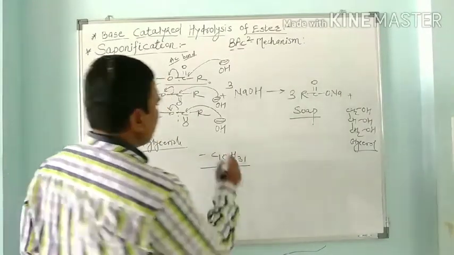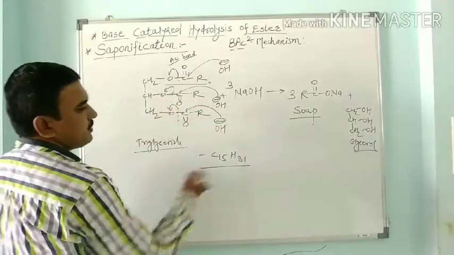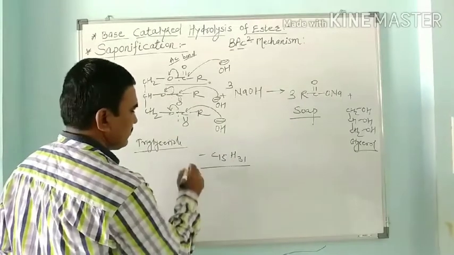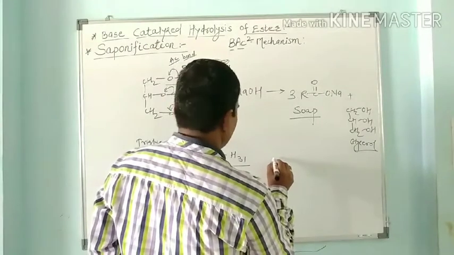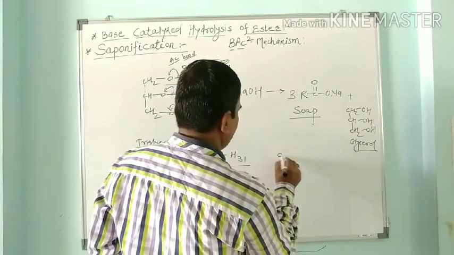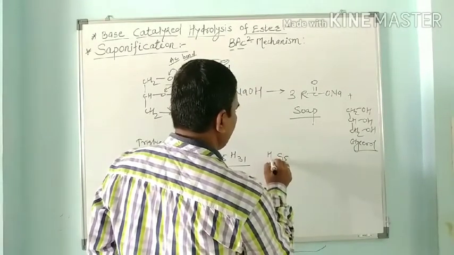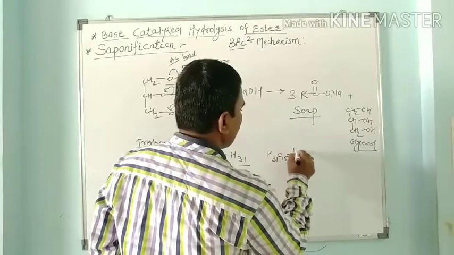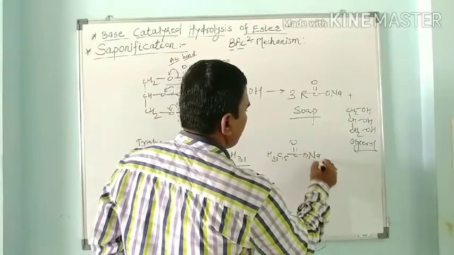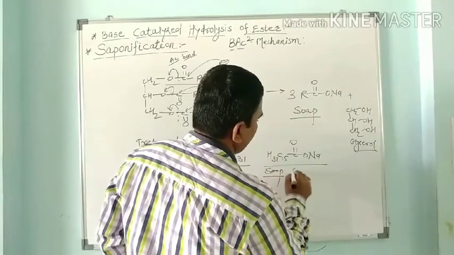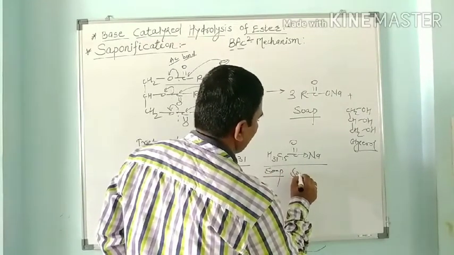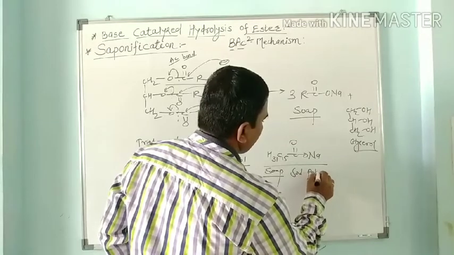So when R is C15H31, we get C15H31COONa, and the soap is called sodium palmitate.